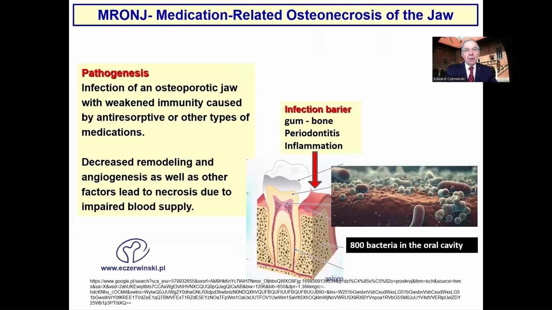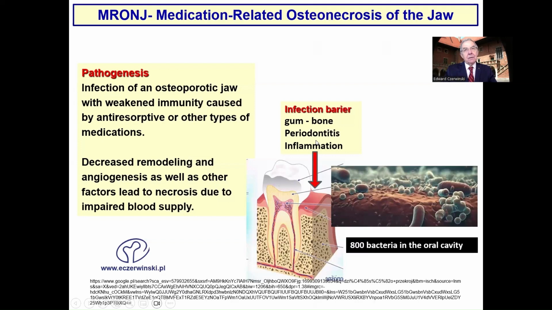So, the oral cavity is a difficult situation in real life because we have a lot of bacteria, 800 species, and we have our jaw, a bone of the jaw covered with very tiny gums, and at one point there is the end of the gums and the hard tissue. So this is the barrier for the microbes, because if they get through that, they may develop infection.